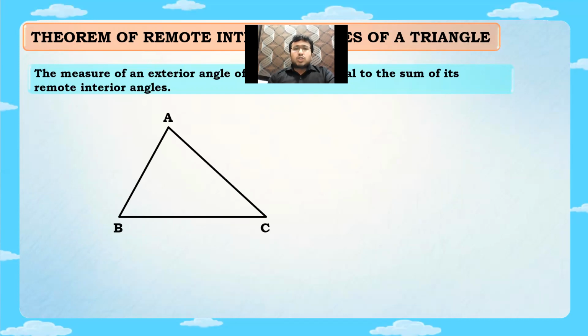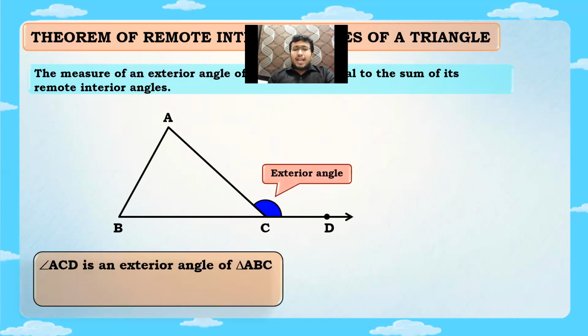In a triangle, we should have an exterior angle. So let us have an exterior angle. I have extended BC to point D. So we know angle ACD is an exterior angle of triangle ABC.